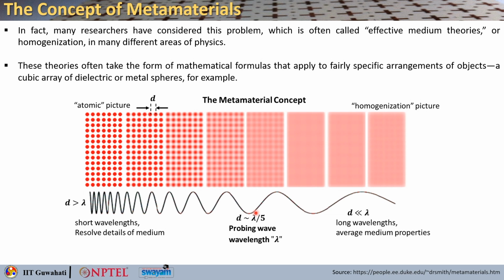So, what do we require to make this metamaterial concept more useful and to be used as an engineering tool? We basically require a technique that allows one to determine the homogeneous properties of any collection of objects or unit cells, regardless of their shape and material composition.